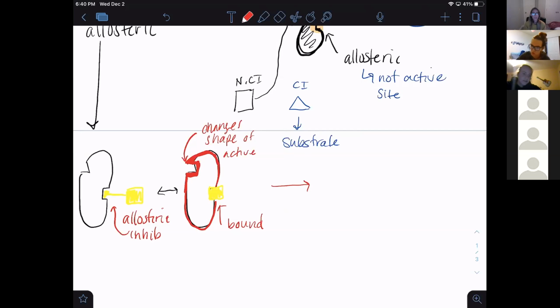Sorry, I missed it. Okay, so what does the amino acid cysteine look like? Draw that out. Anybody know? It has an SH group on it, doesn't it? Right.